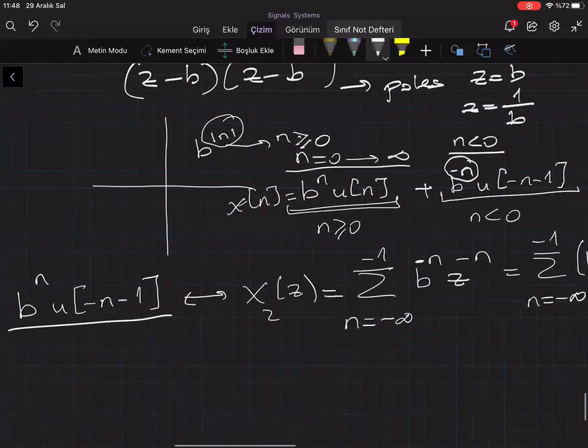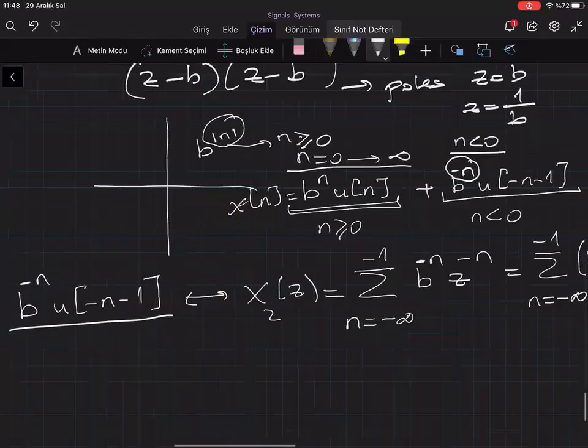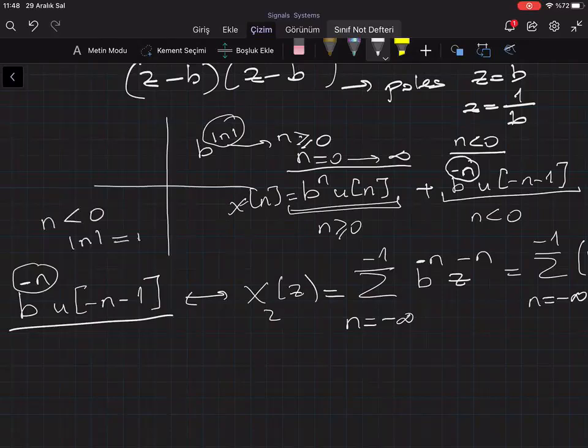Are you with me, guys? If I'm doing something wrong, please warn me, okay? Why is this minus n? Because for n less than 0, absolute n should be equal to minus n. For n less than 0, it is going to be minus 1, minus 2, minus 3, and up to minus infinity.